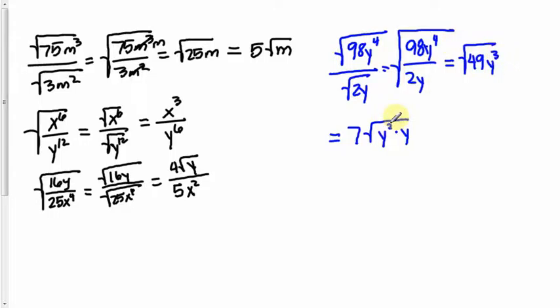So you go to the number below the exponent that is divisible by the index. This index right here is understood to be 2. So we went down to 2. So the square root of y squared is y, 7y, and then you have the root of y left inside. So this one comes over.